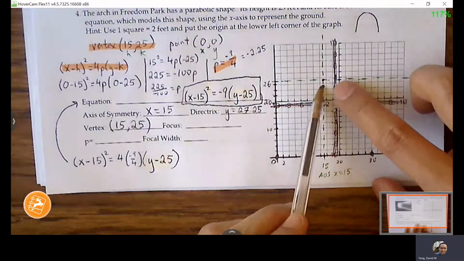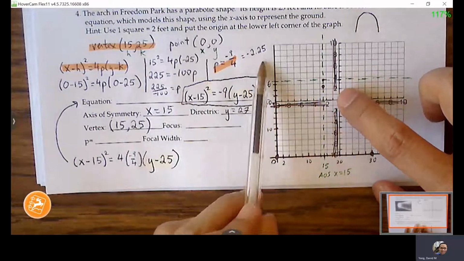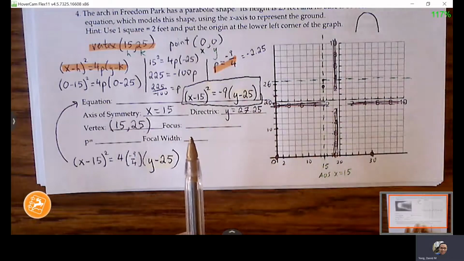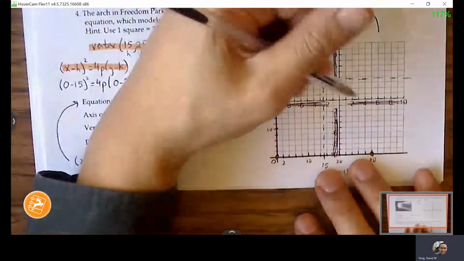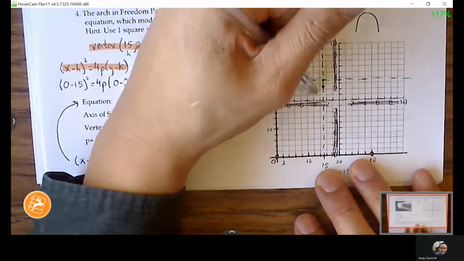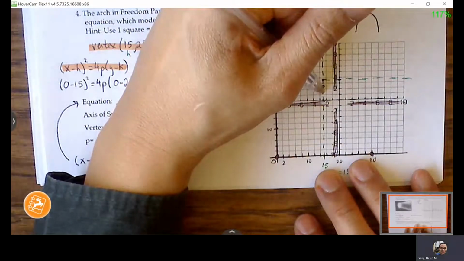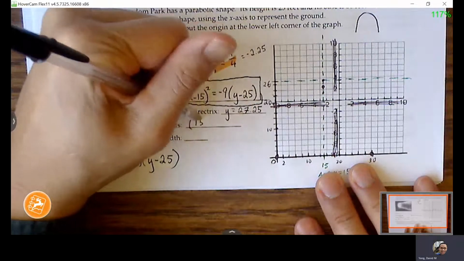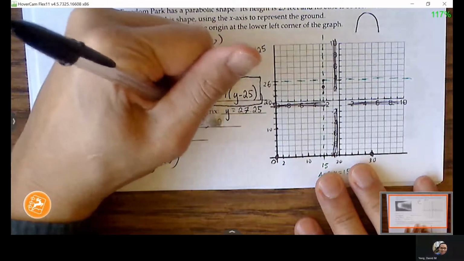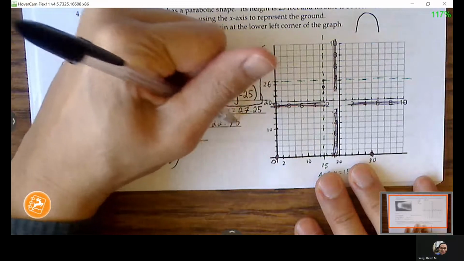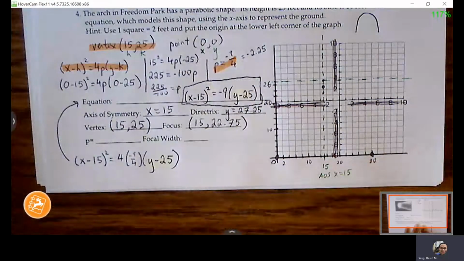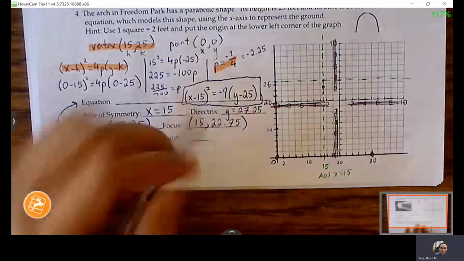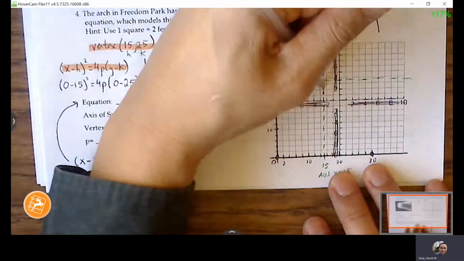Focus, I'm going to go down 2.25 units. So 25 minus 2.25. Focal width, 9 units, so we got to go 4.5 units on either side.